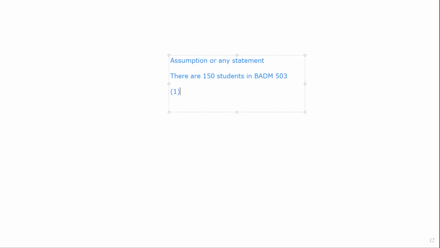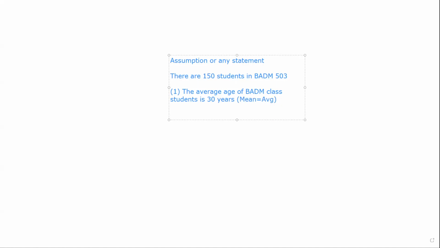Number one, the average age of my BADM class students is, I would say, like 30 years. So this is the assumption I made. The average age of this class is 30 years. So basically this is based on mean, or you can say average.